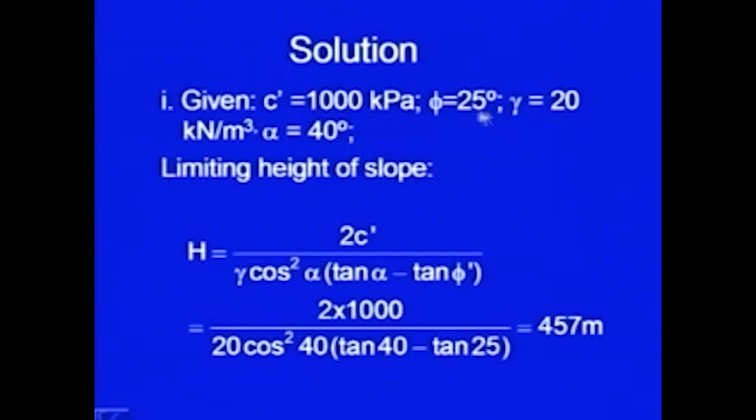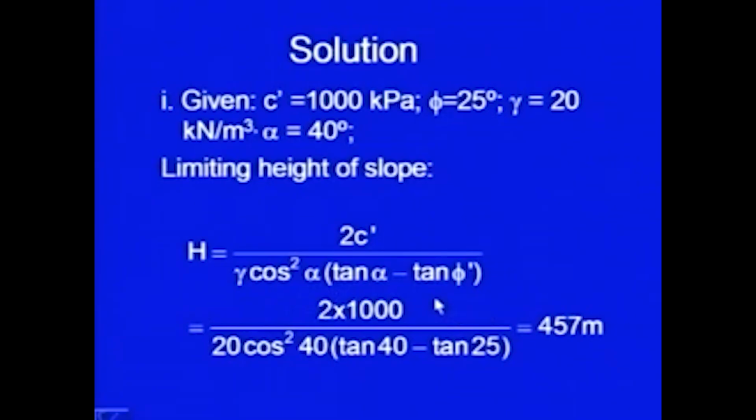These are the given parameters, and the limiting height of the slope from the expression is h less than or equal to 2 c dash upon gamma cos square alpha into tan alpha minus tan phi dash. For the maximum value, I will replace the less than or equal to sign by an equal to sign. So this is the maximum height it can have.